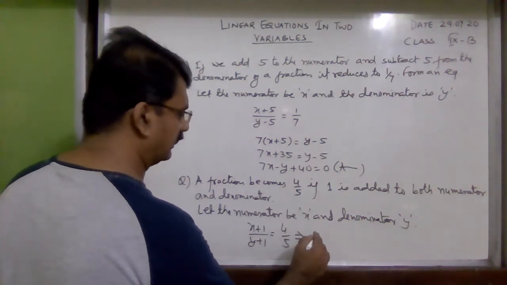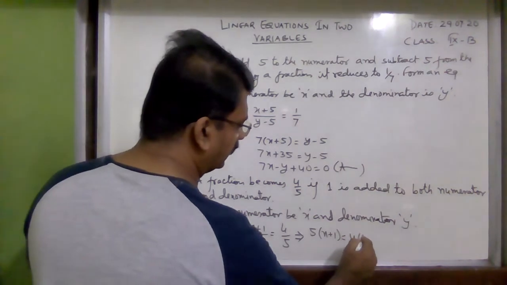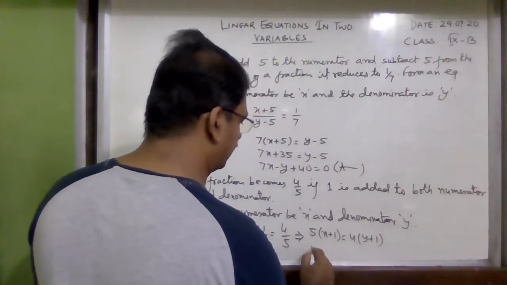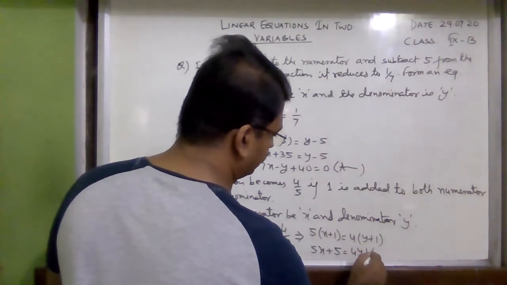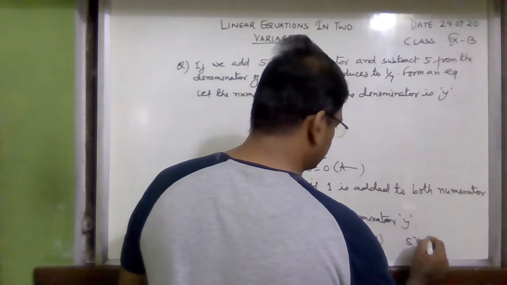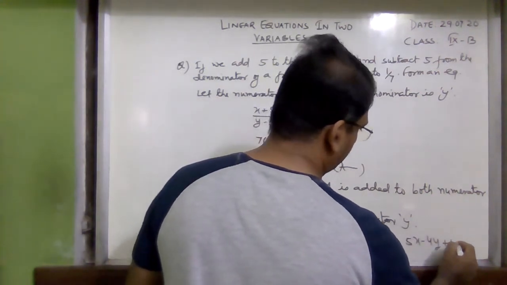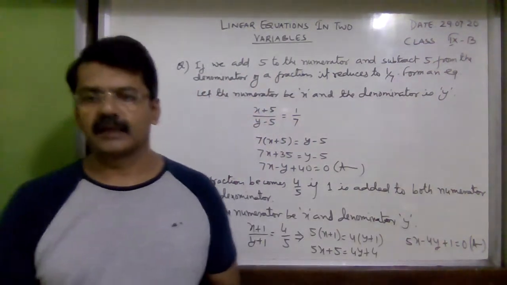Now if you cross multiply, 5 into x plus 1 is equal to 4 into y plus 1. If you open the bracket, 5x plus 5 is equal to 4y plus 4. If you rearrange the terms, it will be 5x minus 4y plus 1 is equal to 0, and that is your answer. Clear?